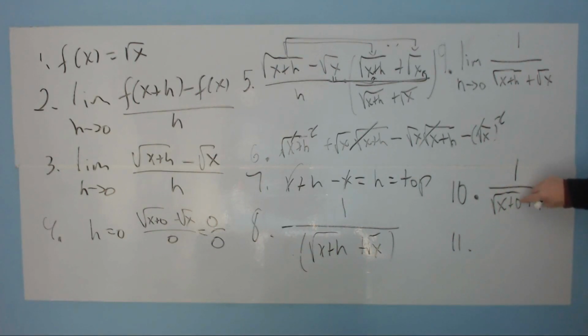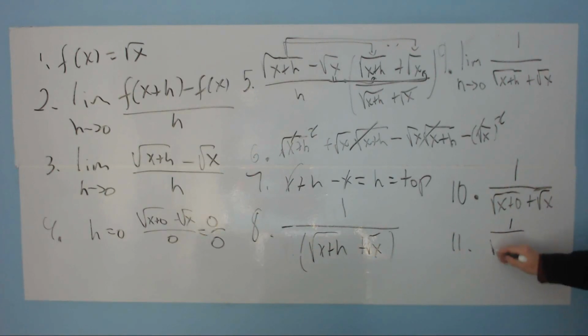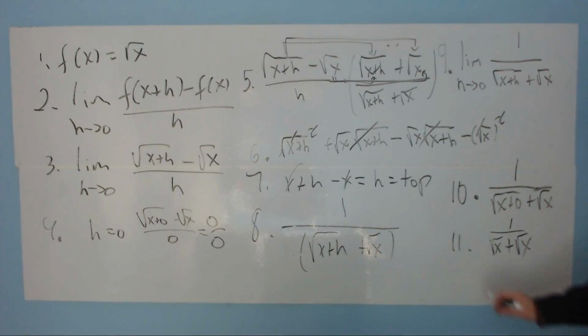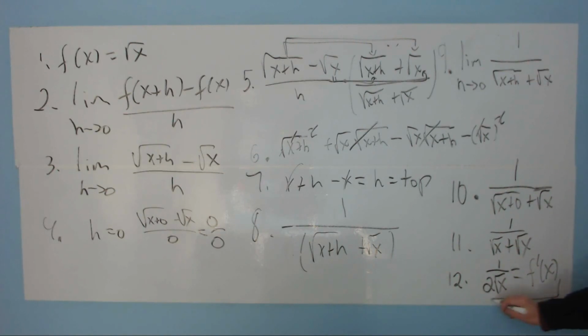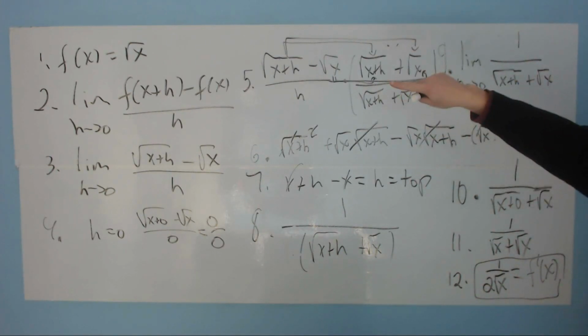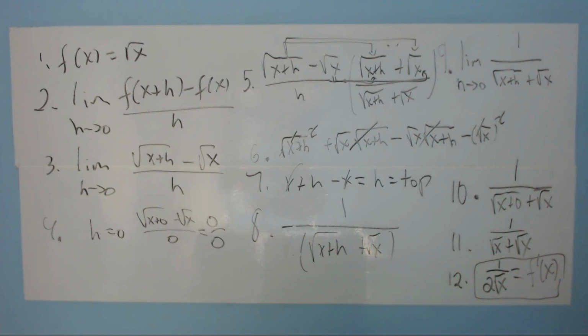This goes away, and I end up with 1 over the root of x plus the root of x. I'm being super detailed, which means at step 12, I end up with 1 over 2 times the root of x. And this quantity, 1 over 2 times the root of x, that is basically f prime of x. This gives you, by the definition, the derivative of the root of x, the way you see it.